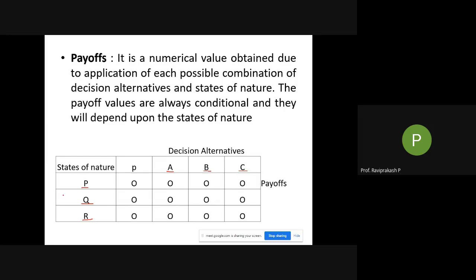So based on these alternatives and states of nature, and these are the probabilities of happening of these particular states of nature. So what is the alternative? For example, it is raining. Will you walk? If it is very near, yes, I'll take a raincoat or an umbrella and walk. To take a bike, if it is heavily raining, you might not take a bike. Rarely you take a bike, or you will take a car. If it is sunny, you can do anything.